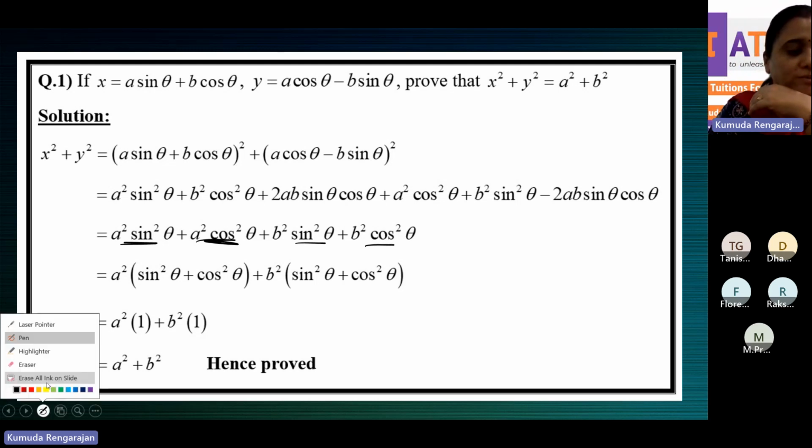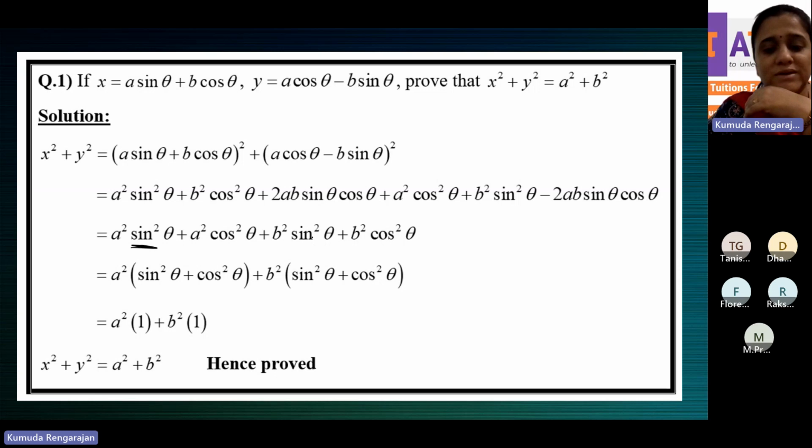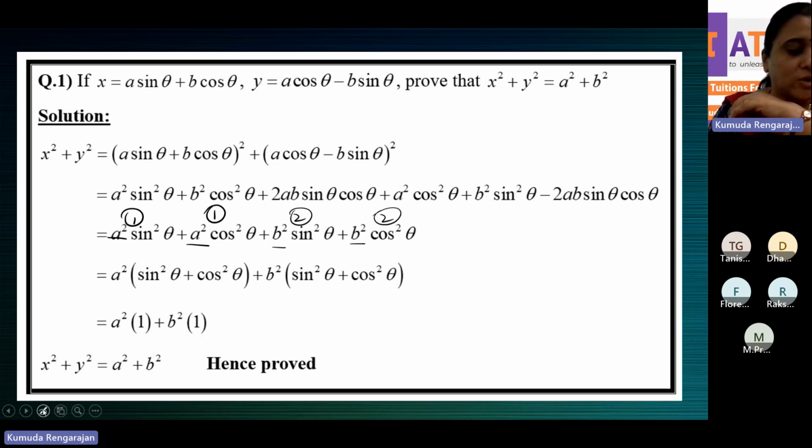Or you can also group the sine square theta terms and the cos square theta terms. So there are 4 terms, and you want to take 2 at a time and take out the common factor. So which 2 to group? You can either group this one and this one because they have a square in common, and this one and this one because they have b square in common. Or you can also group this one as sine square theta.